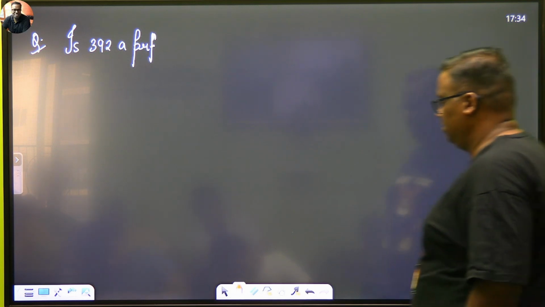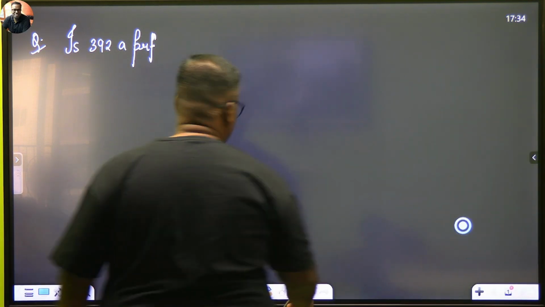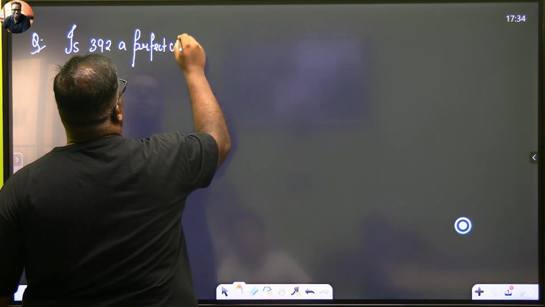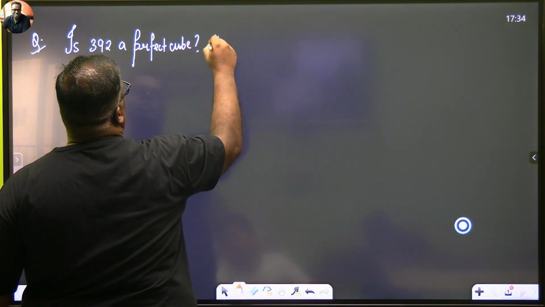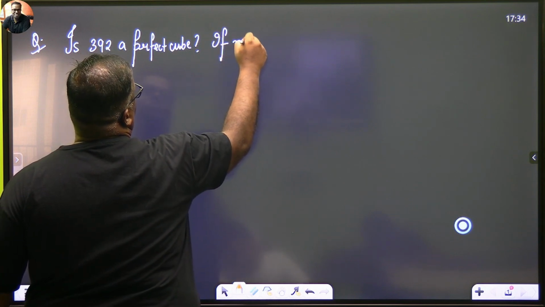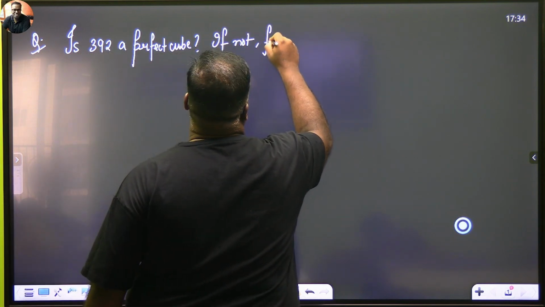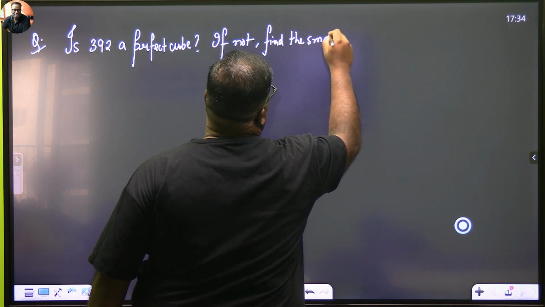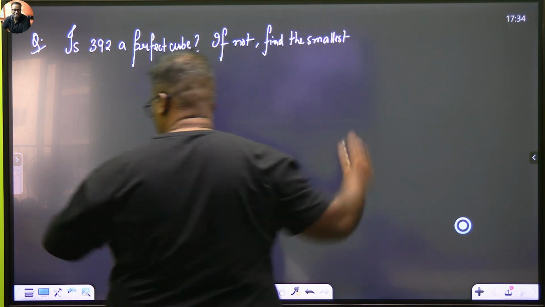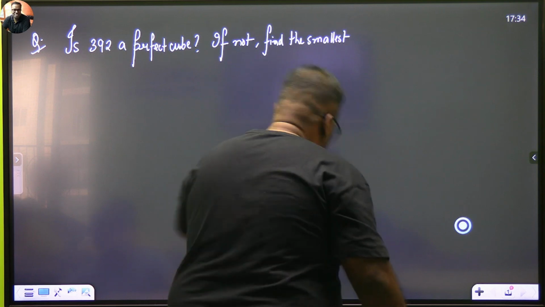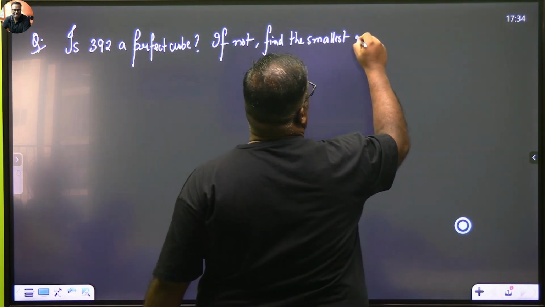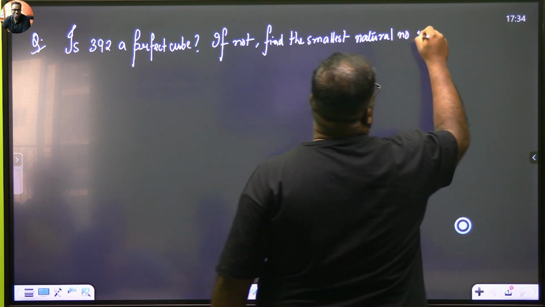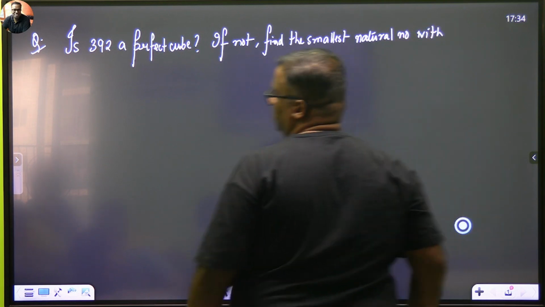Find the smallest natural number. You remember the flow chart we drew yesterday, the mind map?